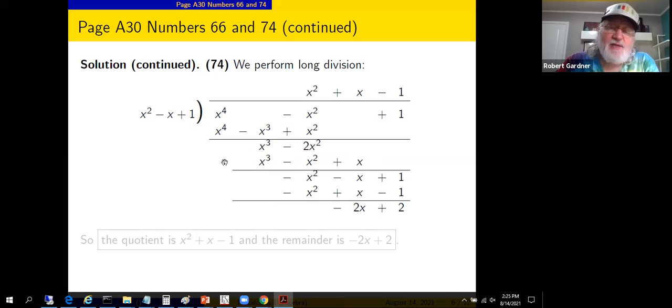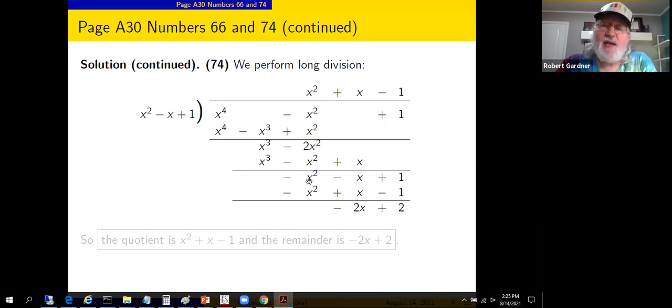Parentheses and then subtract is the arithmetic being done. The x cubes disappear. We get negative 2x cubed minus negative x squared. That's negative 2x squared plus x squared. So that yields a negative x squared. Here we've simply got minus x. And let's bring the 1 down.